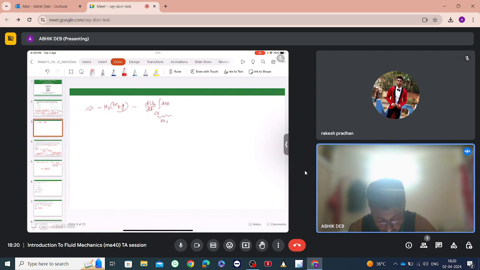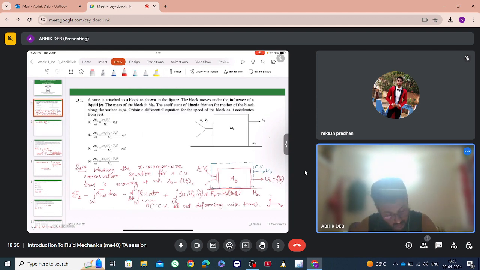The first term is 0 on the right hand side, and the only mass is coming in, there is nothing going out. But with respect to the control volume we have to see what it is.